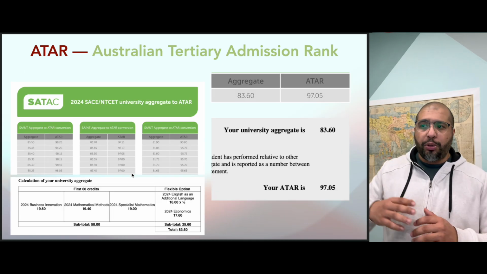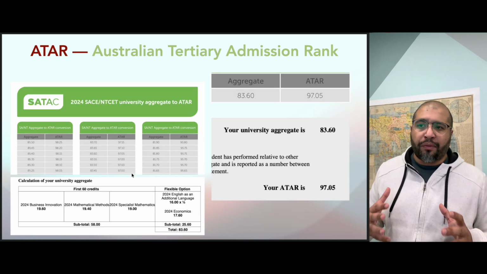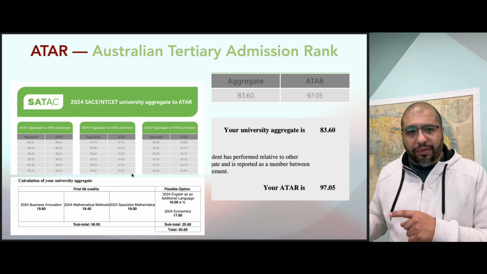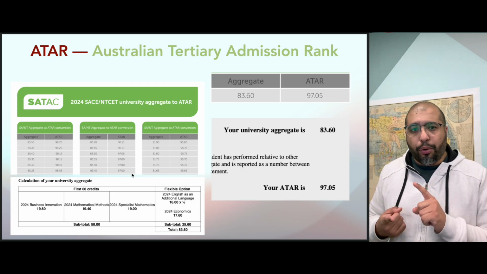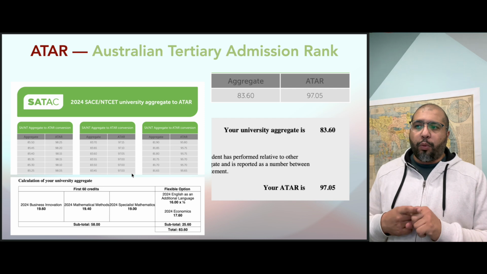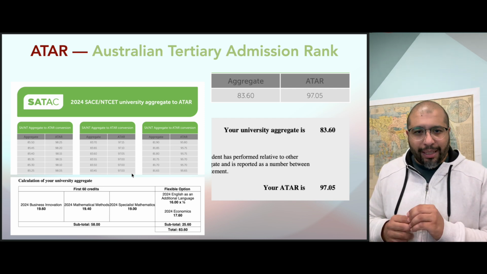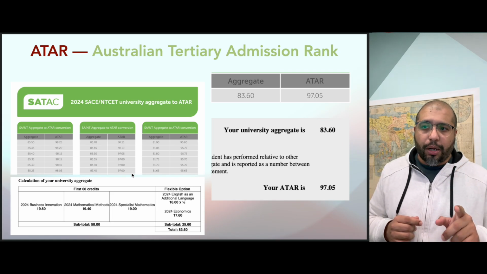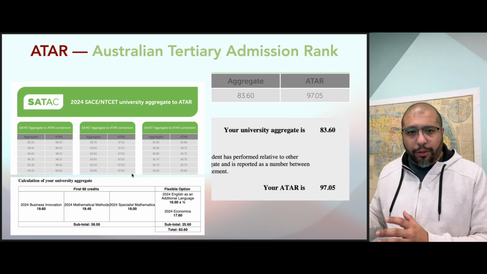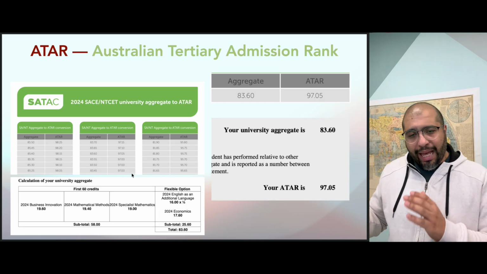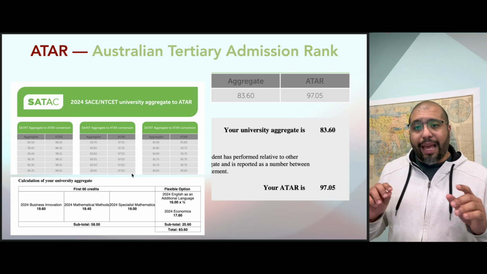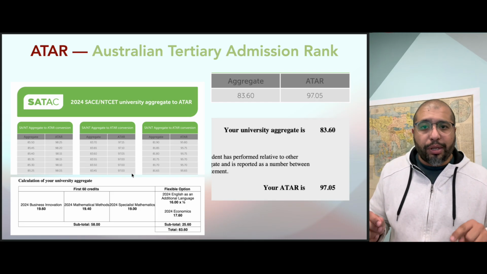Our previous student who had a University Aggregate of 83.6 achieved an ATAR of 97.05. But we must always keep in mind that this is only valid for 2024. Only in 2024, a University Aggregate of 83.6 gave an ATAR of 97.05.